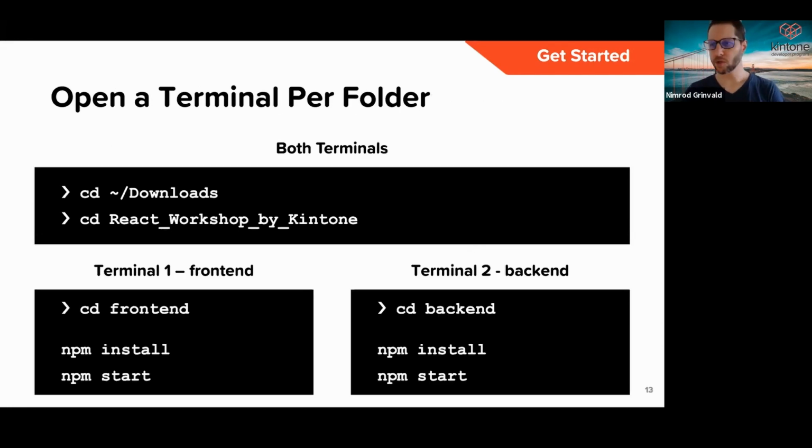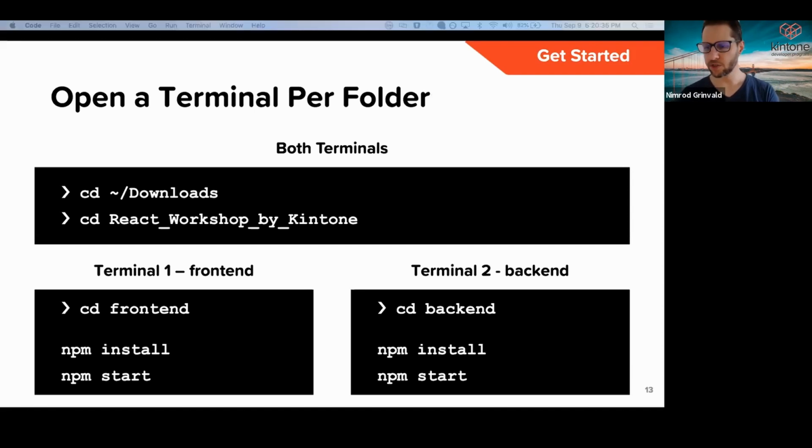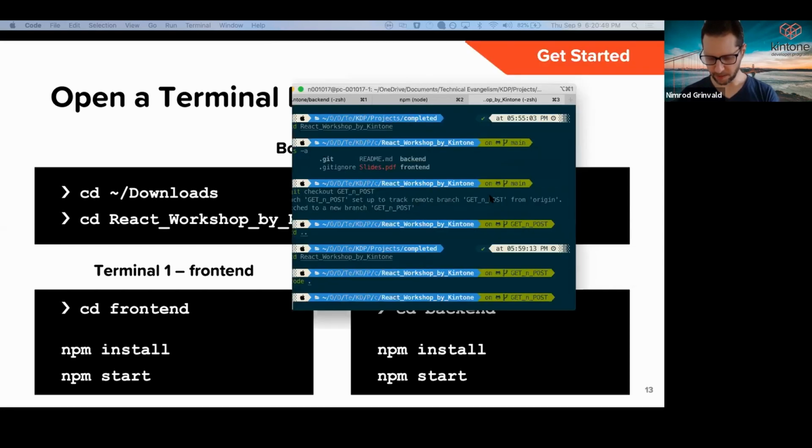Okay, and this is what we're also going to want you to do. We're going to have you open up a terminal and have a terminal for each folder. So you should have two. You should have a front end folder and a back end folder that are subdirectories for this React Workshop by Kintone.